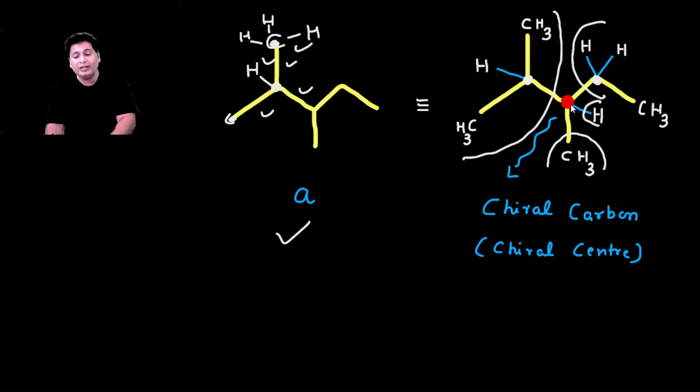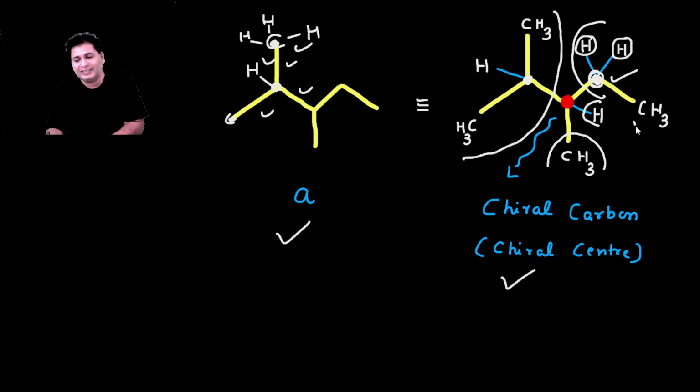So we will call this carbon as chiral carbon or chiral center or stereo center or stereogenic carbon, etc. Now coming on to this carbon, you understand, again this carbon is not chiral, because you see immediately that there are 2 same groups, hydrogen, associated with this carbon, so it cannot be chiral in nature.